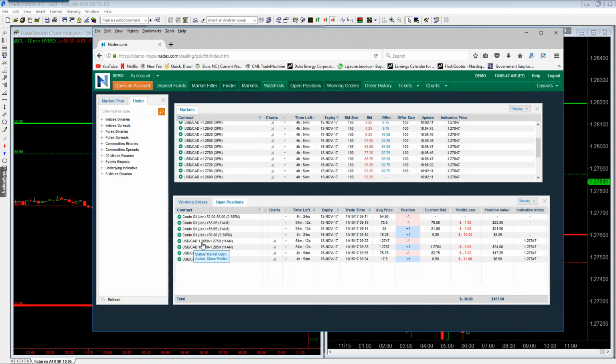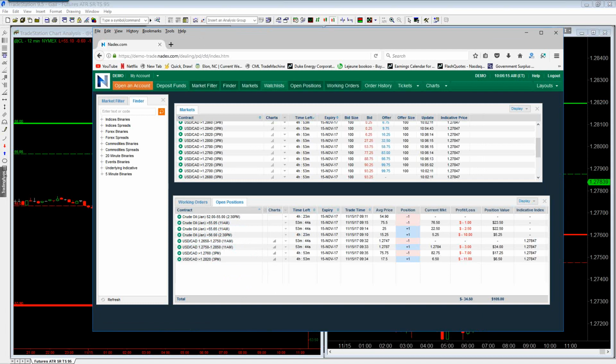I have one at the 26.50 to 27.50 area, and then I have the 27.50 to 28.50 area. I also have a spread on crude to the short side, which is 52 to 55. But then I also have a long binary at the $56 area.